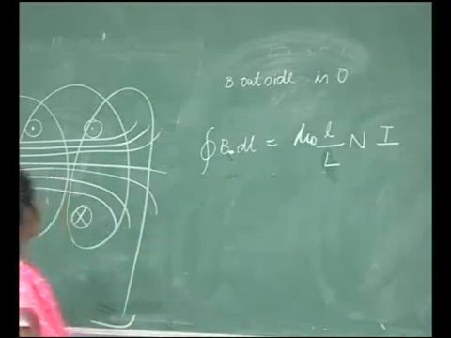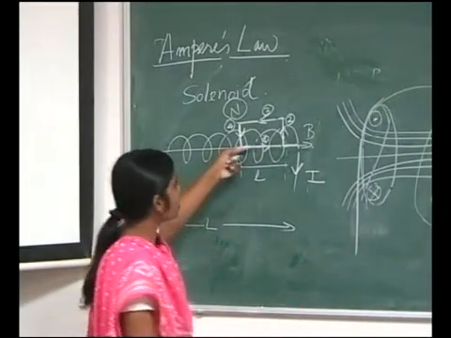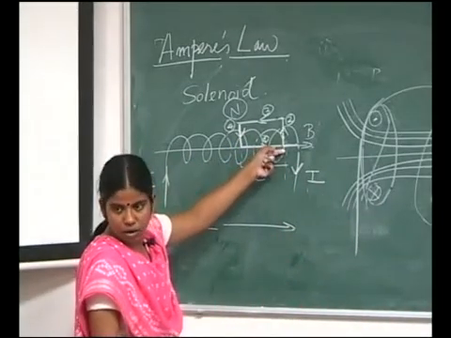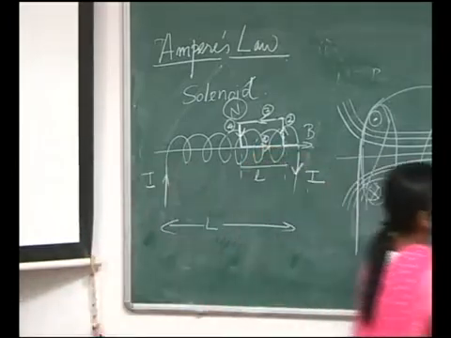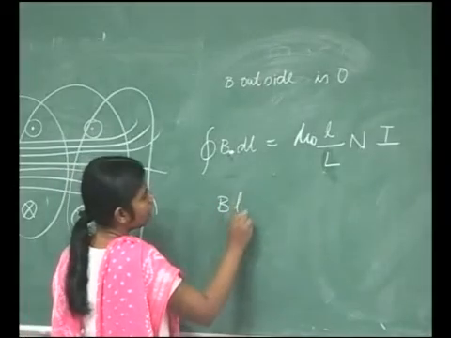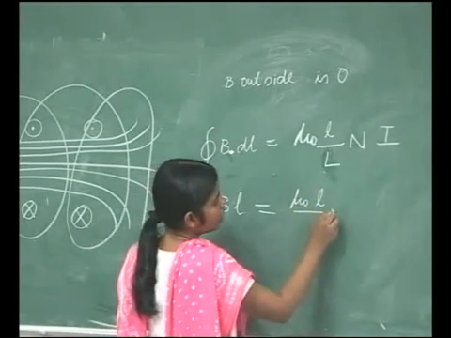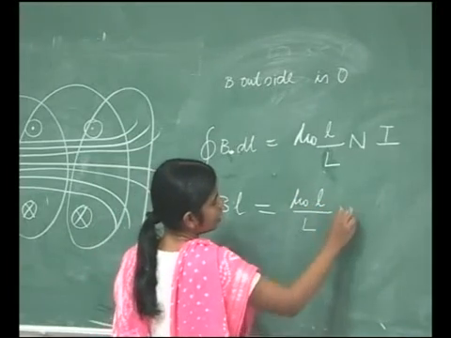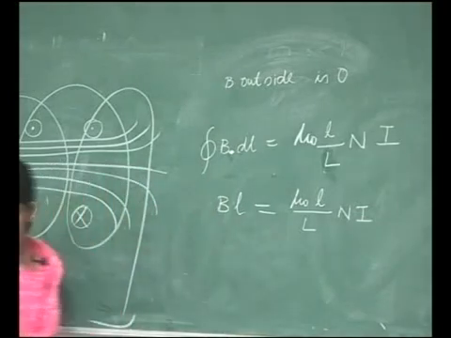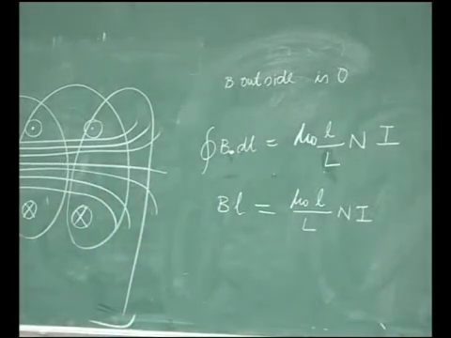Okay. So, I have only one arm left, that is arm number 1. So, I can write that this is equal to BL, mu 0 l upon capital L into Ni. Now, l and l would cancel.